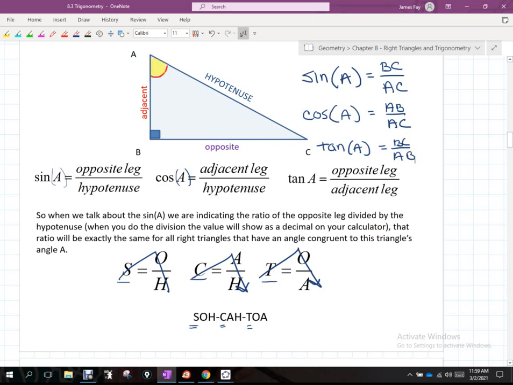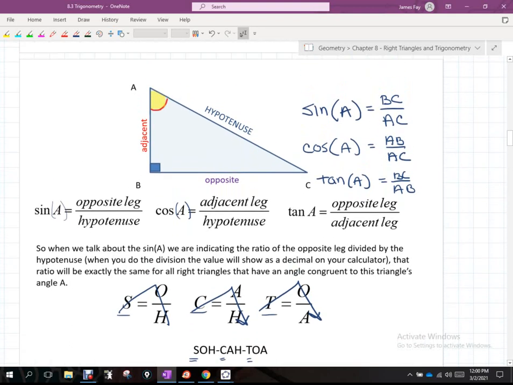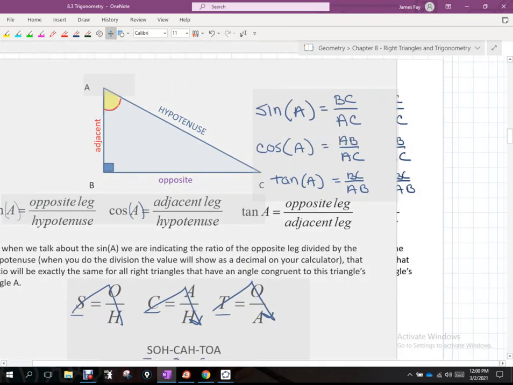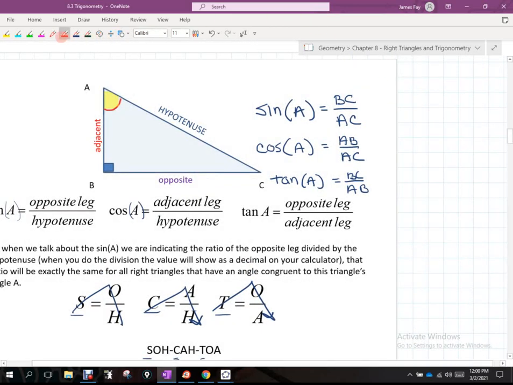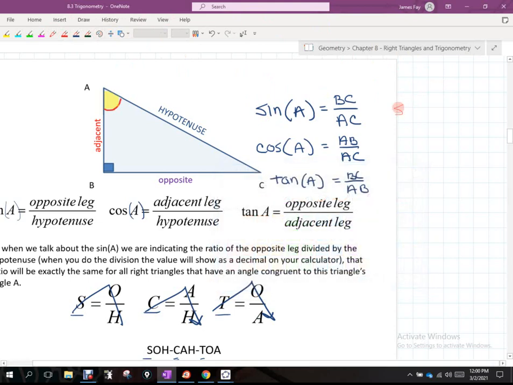Okay? Now my question to you is, what happens when I ask you to reference a different angle? So let's say I'm more interested now in angle B. So I ask you, what is the sine of angle B?